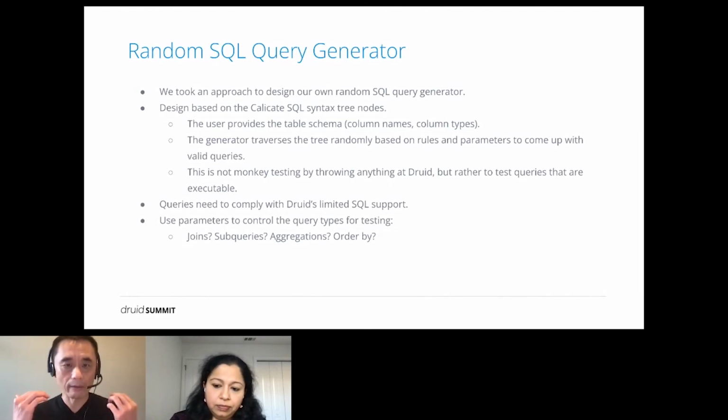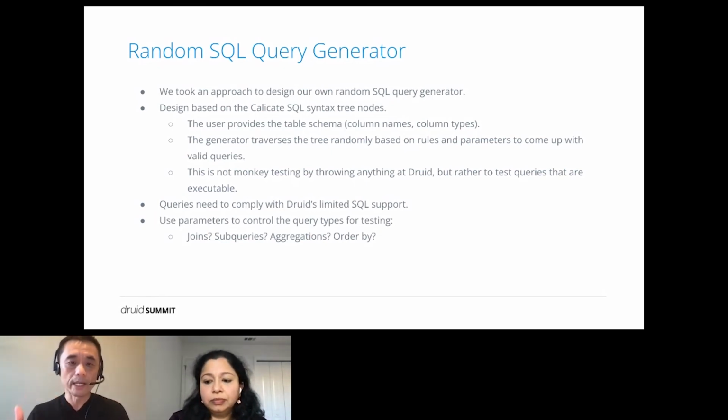So the queries have to be valid and comply with Druid's limited SQL support. That's why we did not just take an open source query generator. There are query generators out there, but we normally cannot use them because they would come up with queries that would work with other databases, but not necessarily with Druid. We want queries that can work with Druid.